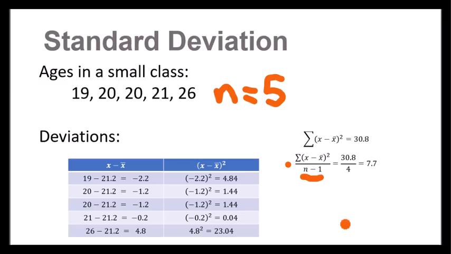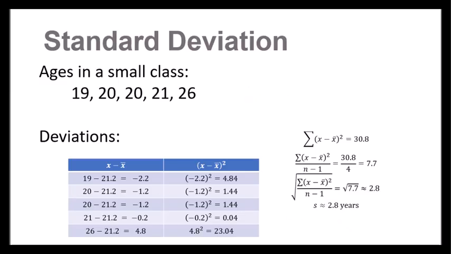Now the very last step in the formula is to take a square root. So this right here is the formula for the sample standard deviation. This is the square root of the sum of x minus x bar squared divided by n minus 1.